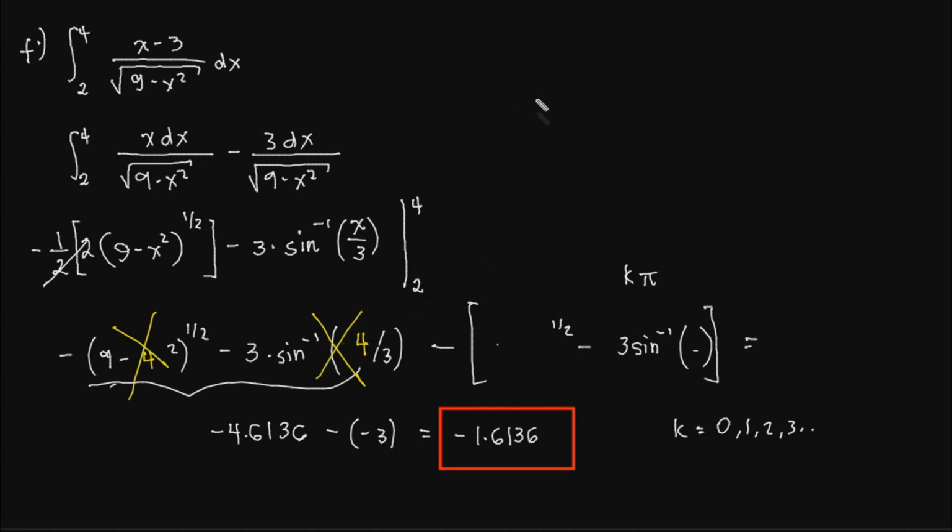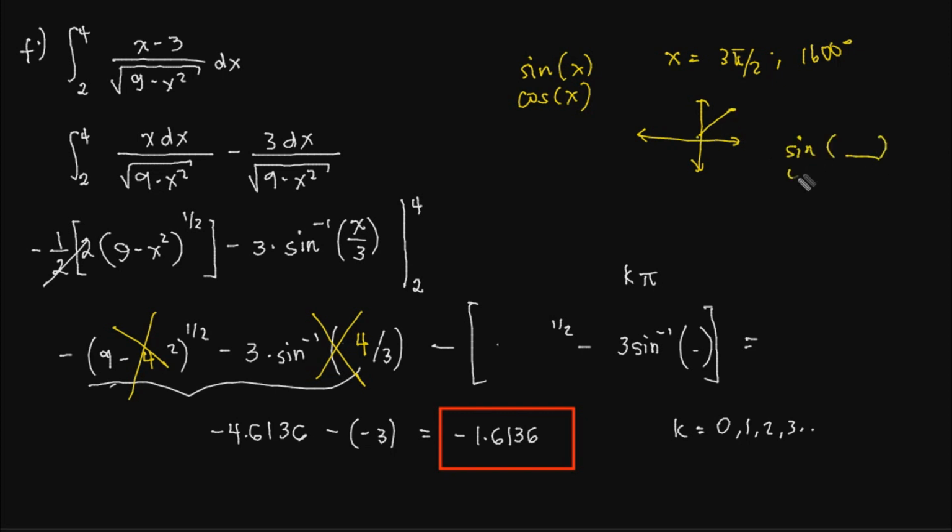Bakit? Kasi, any, gawin nating sine x, or cosine of x, no? So, any value ng x dito, kahit pa yan is 3 pi over 2, kahit pa yan is 1,600 degrees. Now, kahit anong gawin natin, if we're considering your unit circle, okay? So, sa unit circle natin, alam naman natin na the maximum value of any angle na sinine mo or tinake mo yung cosine would just be equal to 1.